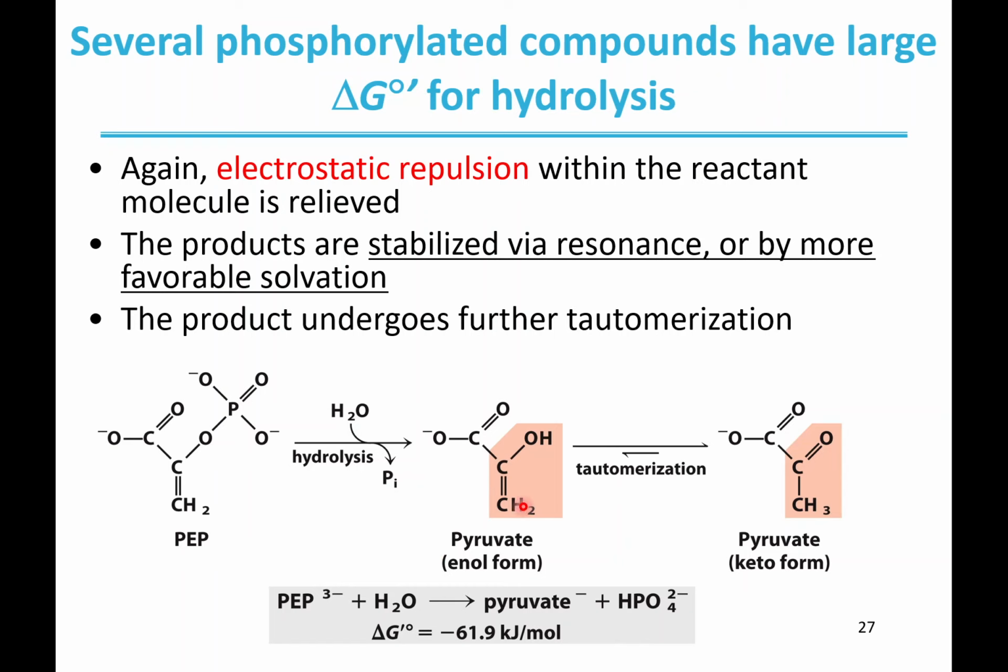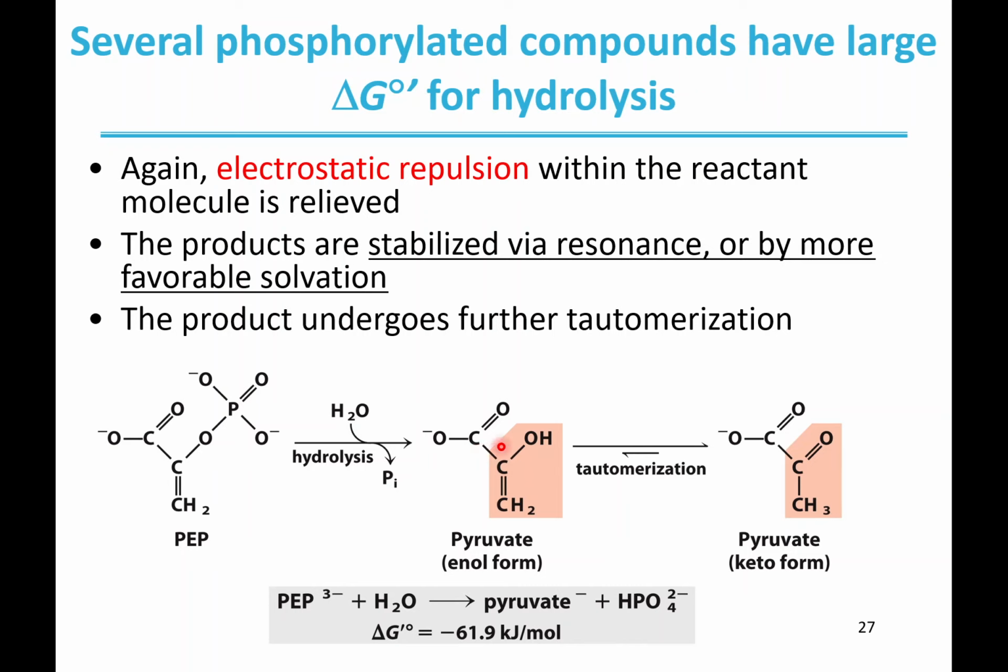This is the ene, and that's the ol, enol. You have a carbon-carbon double bond and an OH group. The enol form can tautomerize into the keto form. This is in equilibrium, but the equilibrium is heavily shifted to the keto form. So if PEP loses that phosphate group, it's in the enol form.